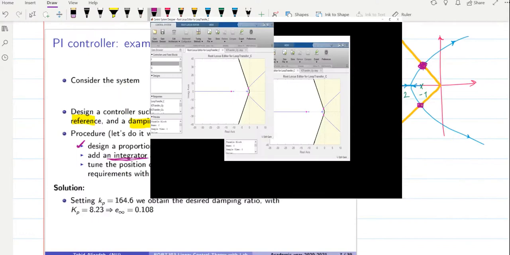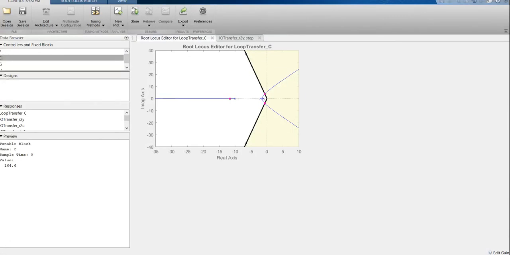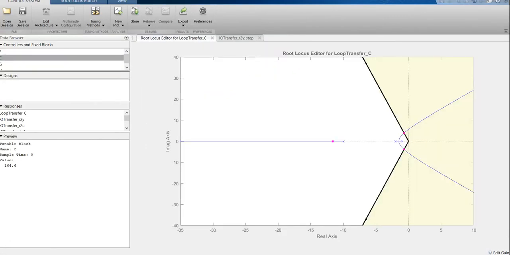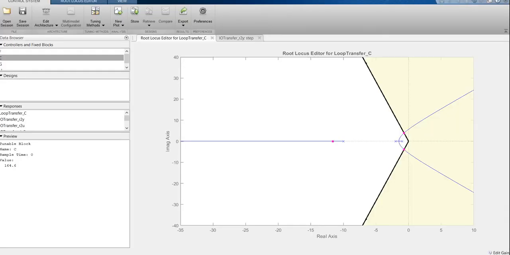So I already have introduced the system GP of s, and I also have introduced the design requirement. The damping ratio that I have introduced is equal to 0.174 as required.